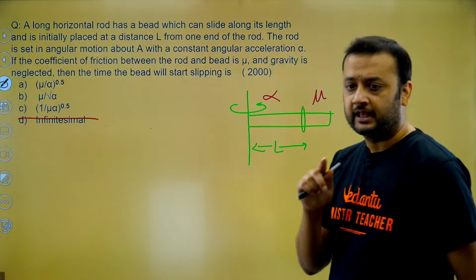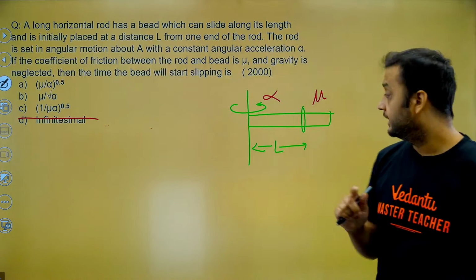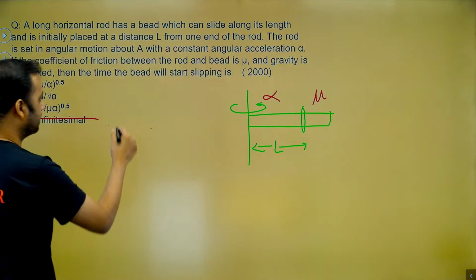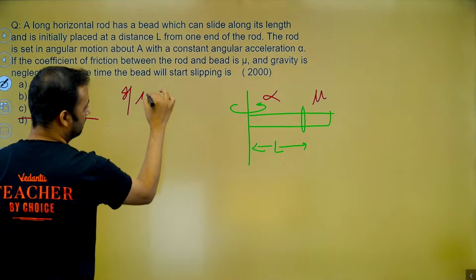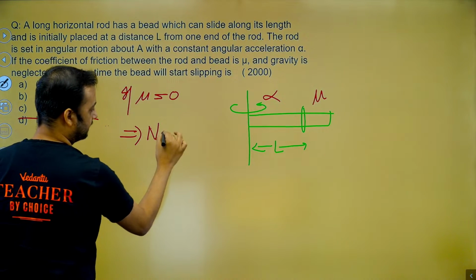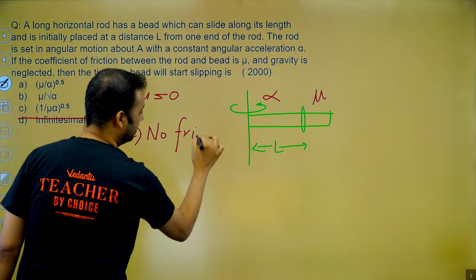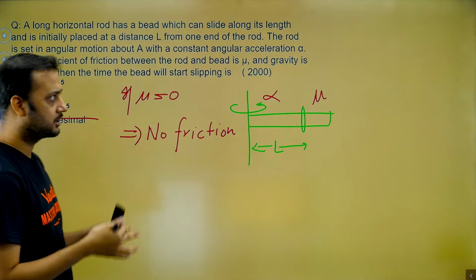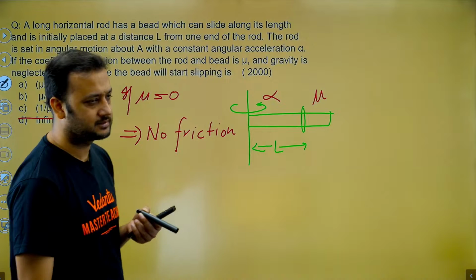What is that logic? Suppose mu tends to 0, that means there is no friction. What does this mean? The bead will slide immediately, because if there is no friction, who will stop it from slipping?